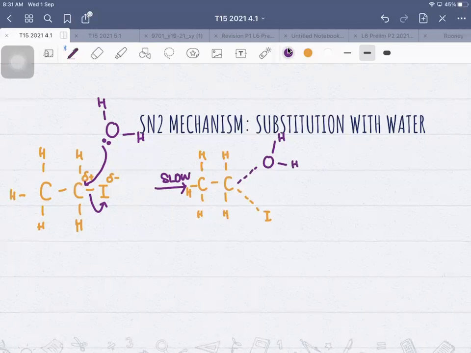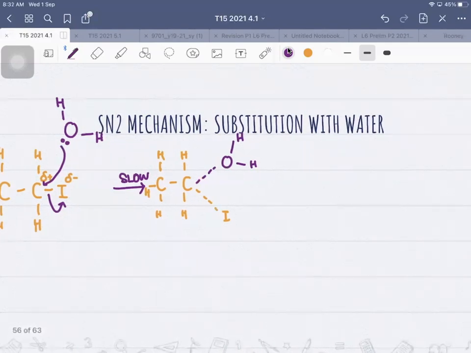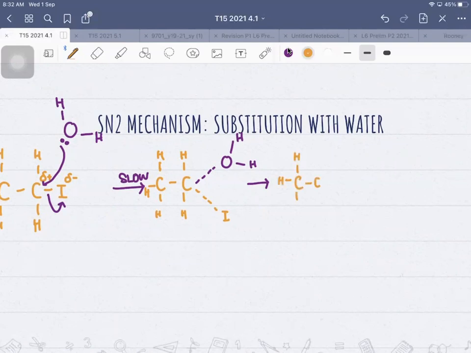Okay, so at the moment, you still have your 2 hydrogens attached to that oxygen. This is the transition state, and nothing would happen. You don't have to draw anything in the transition state. Automatically, the iodine will leave the halogenoalkane, iodine as a leaving group, and then you will have the water molecule with the carbon-oxygen bond being newly formed.